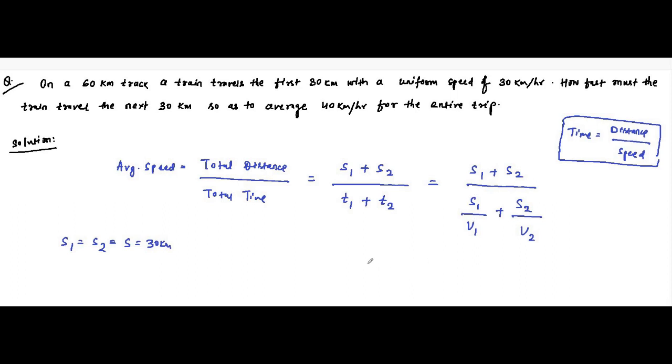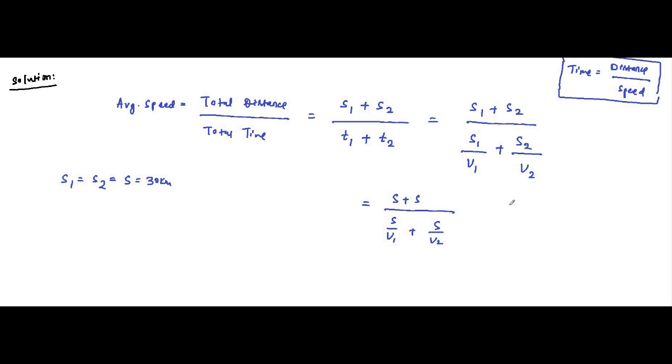So we can rewrite this equation as S plus S by S by V1 plus S by V2, which is equal to 2S by S into 1 by V1 plus 1 by V2. I am doing all this to simplify the formula, so that we can directly use the speeds and get the result.